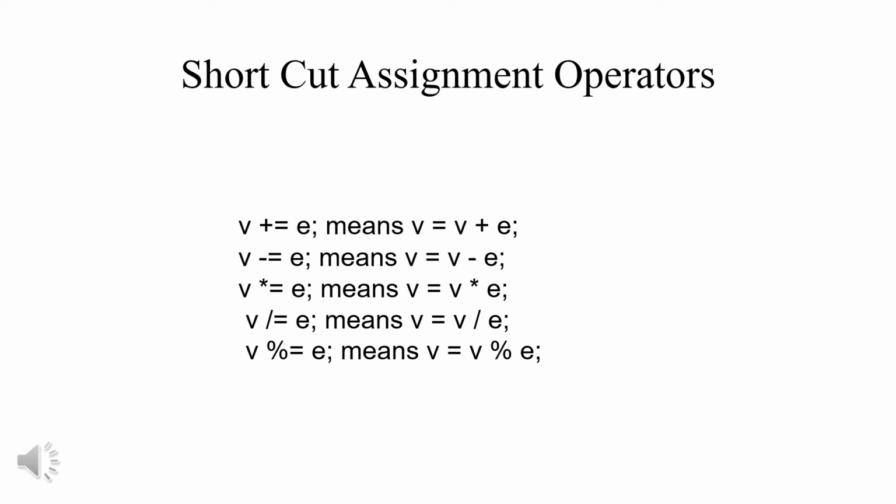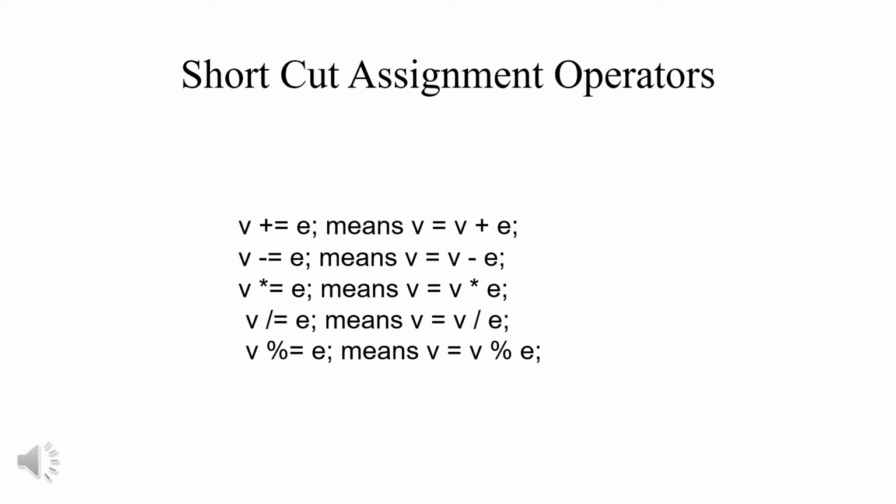So instead of writing v equals v plus e, you can write v plus equals e. The result is exactly the same as the previous one, right? Or v equals v minus e, you can write it v minus equals e, right?